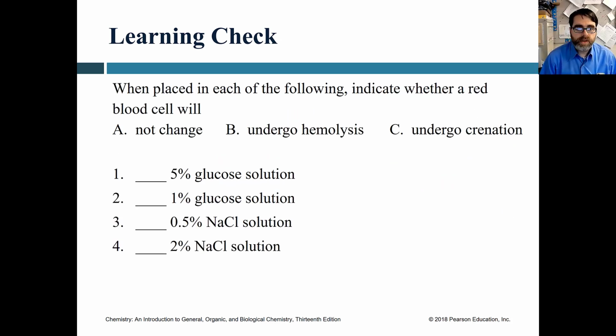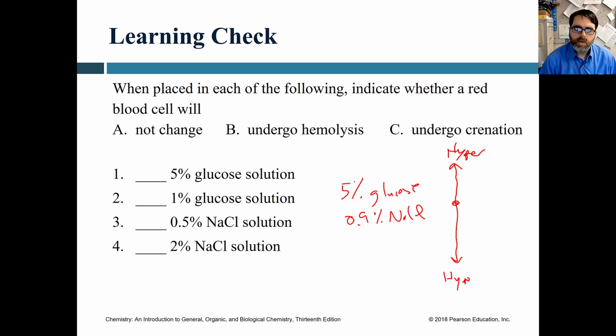The last example here is similar, so I'm going to pull up those values again. That normal is about 5% for glucose, or 0.9% for NaCl, and that higher than that is hyper, and lower than that is hypo, whereas the normal is iso.